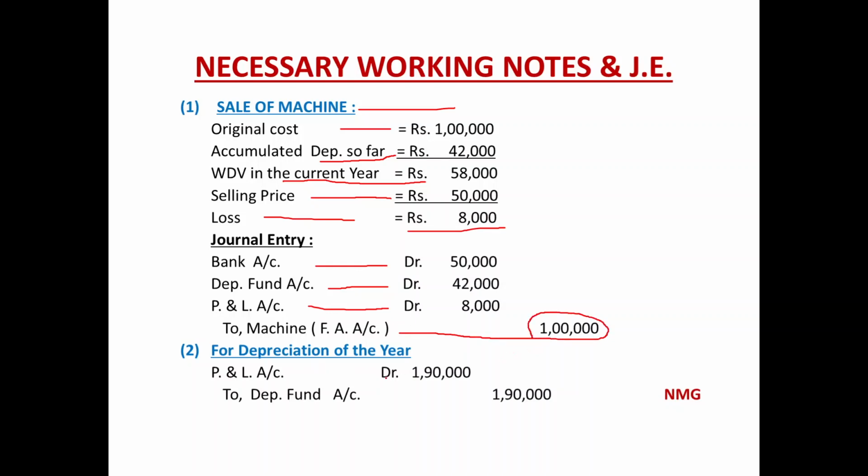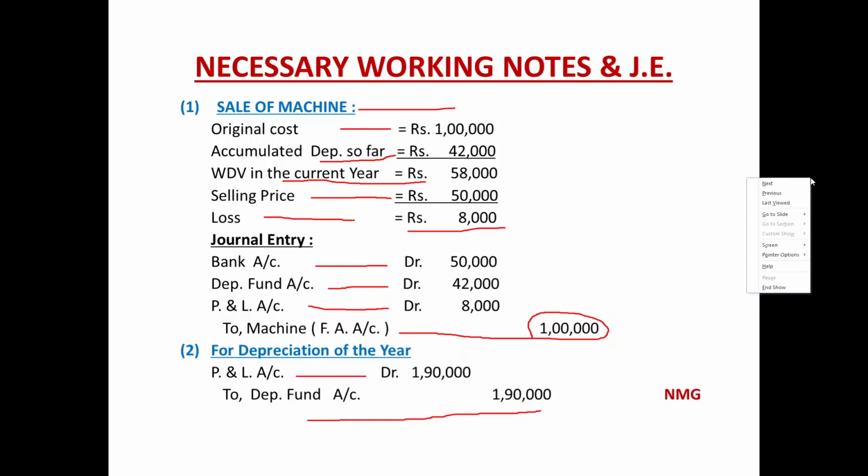Then point number 2, current year's depreciation was given, for which the JE would be profit and loss account debited to depreciation fund account credited 1,90,000. Under the depreciation fund system, every year depreciation though would be debited to profit and loss account, but the credit would be given to depreciation fund account.